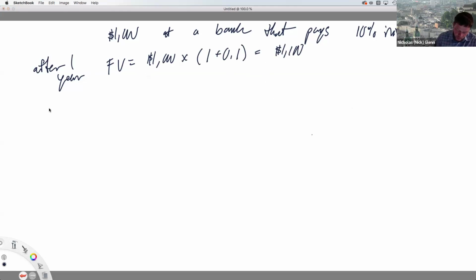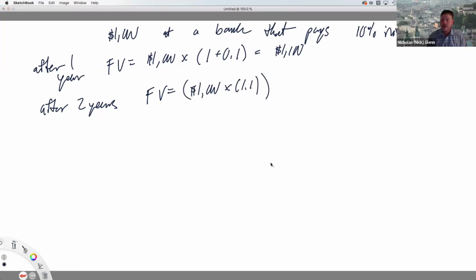Okay. Well, what about after 2 years? Well, remember, after 1 year, it's going to be this $1,100, or the 1,000 times 1.1. But this is going to compound another year. You're going to draw interest on it the second year.